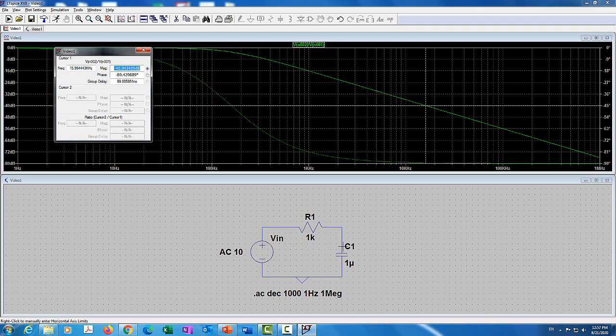Then because the impedance is very high, most of the voltage sent from the input will be captured by the capacitor, using the voltage divider concept. However, at high frequencies, the impedance of the capacitor becomes smaller. That means most of the voltage will be across the resistor. Smaller voltage will be across the capacitor. It makes sense. It's a low pass filter.